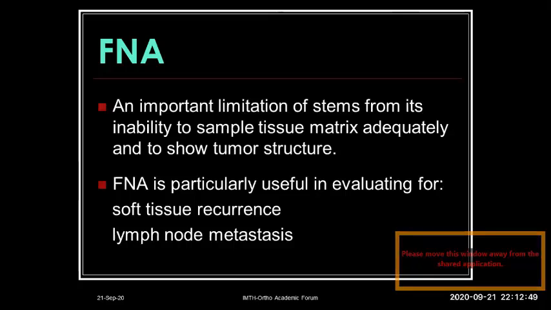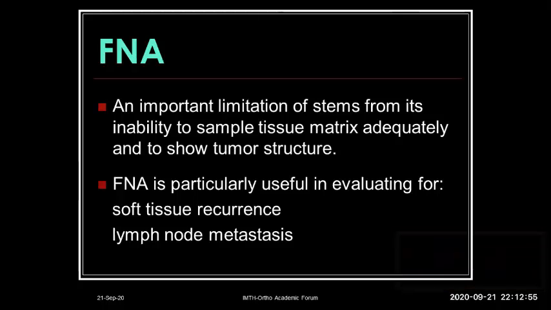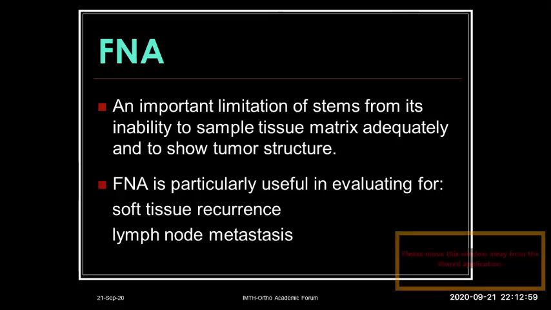Fine needle aspiration definitely has an important limitation stemming from its inability to sample tissue matrix adequately and to show tumor structure. And here in bone sarcomas, we are running behind the tissue matrix. We want to know what type of matrix.